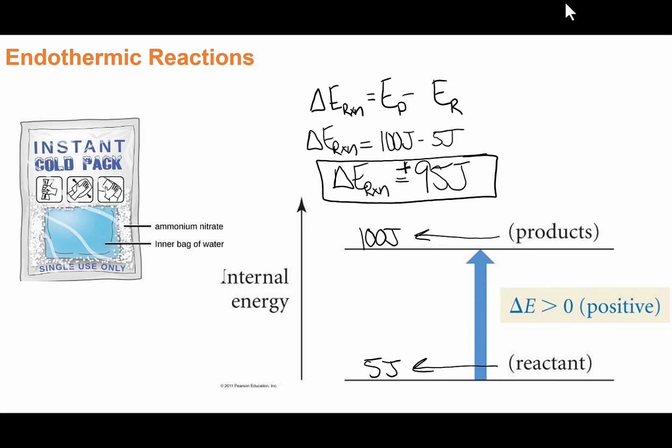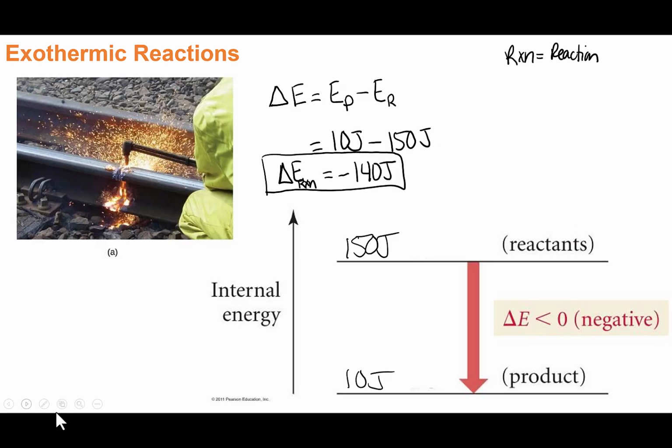One thing I do want to point out at this point is a little terminology. For that first reaction that we looked at, we said the energy change is a negative number, so energy is being released from a chemical reaction like that. This type of reaction has a specific name, and it's called an exothermic reaction.